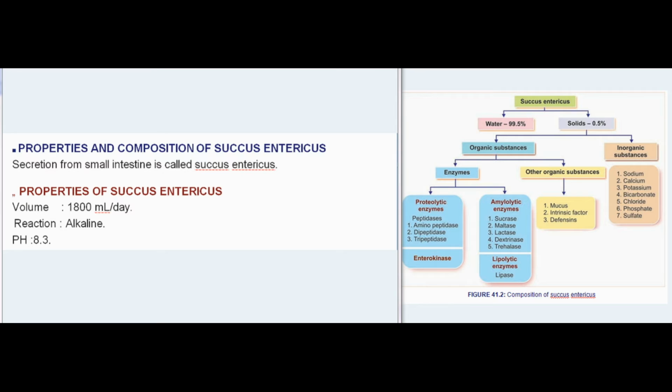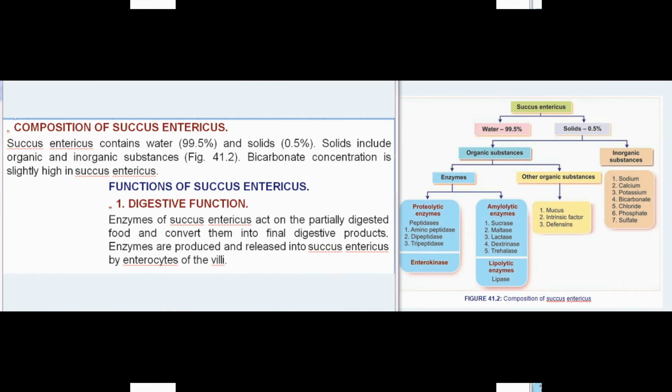Properties and composition of Succus Entericus. Secretion from small intestine is called Succus Entericus. Properties of Succus Entericus. Volume, 1800 ml/day. Reaction, alkaline. pH 8.3. Composition of Succus Entericus. Succus Entericus contains water, 99.5%, and solids, 0.5%.